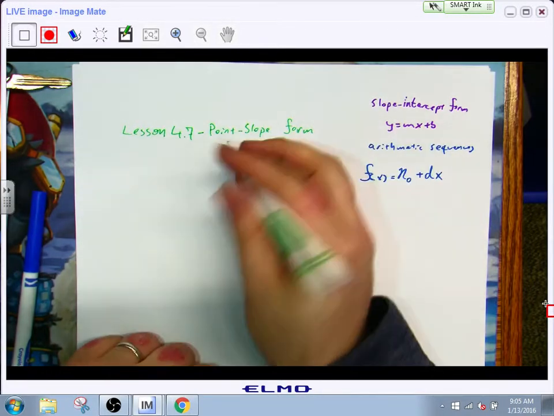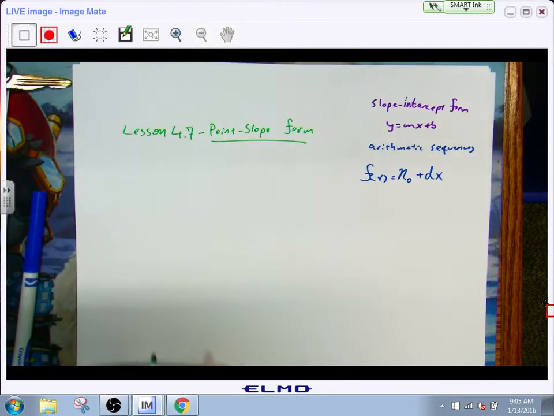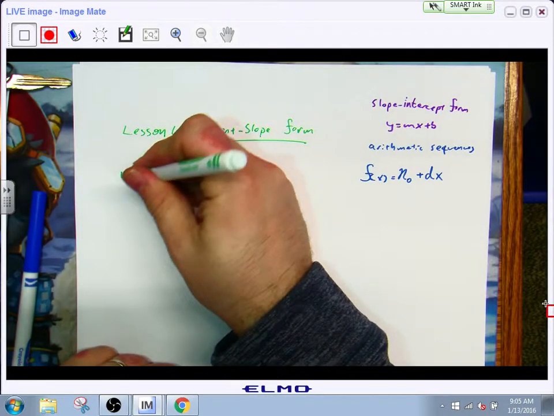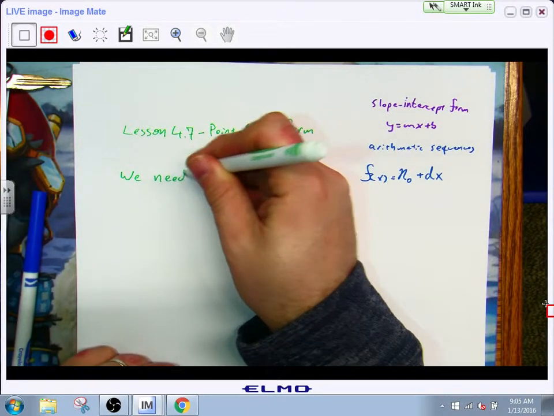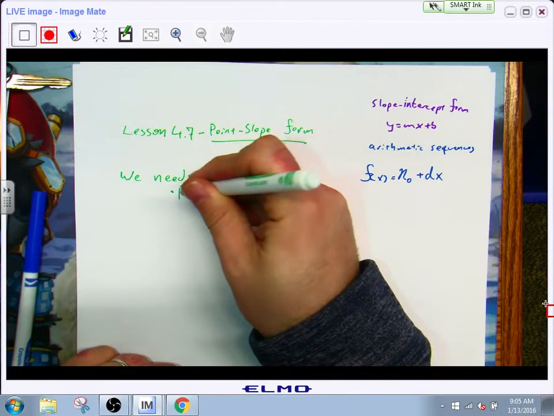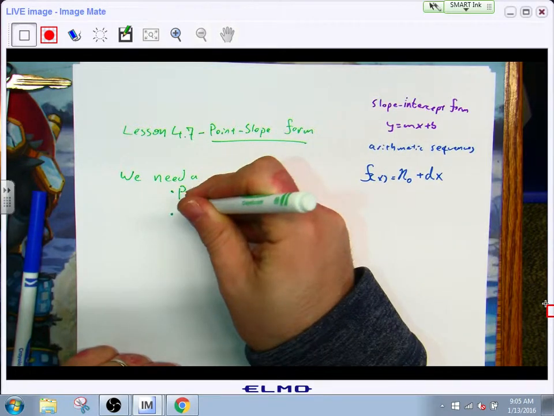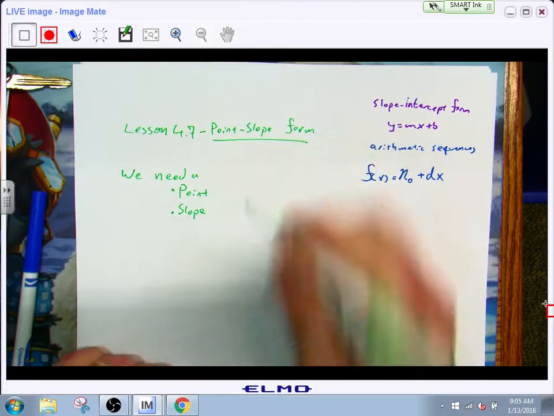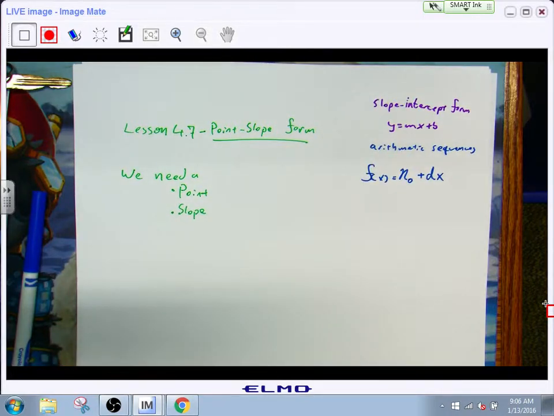What do we need, do you think, for point slope form? We need a point and a slope. And that is it. And we'll be able to construct point slope form.